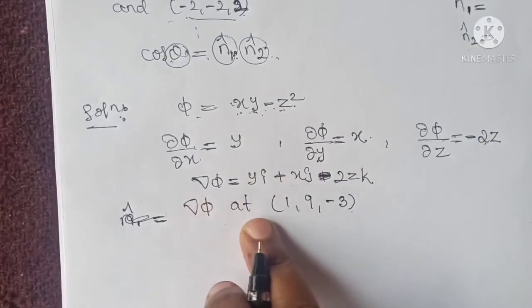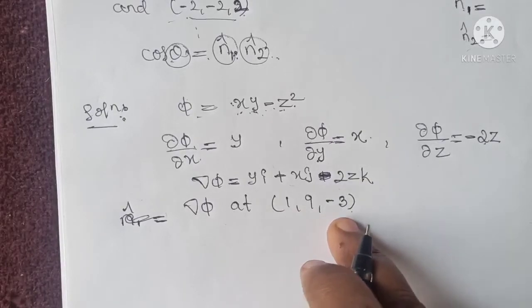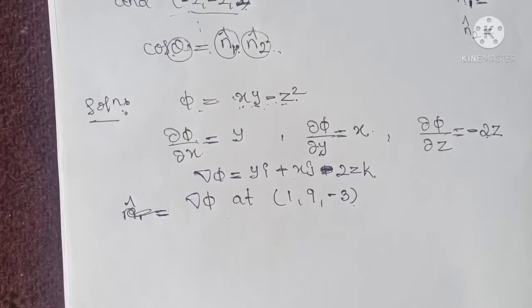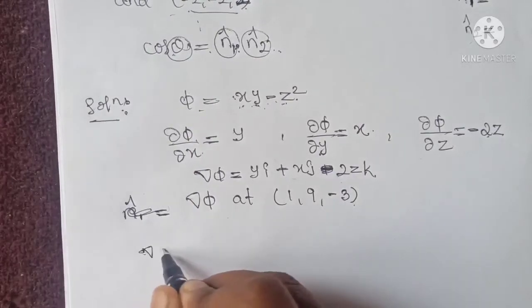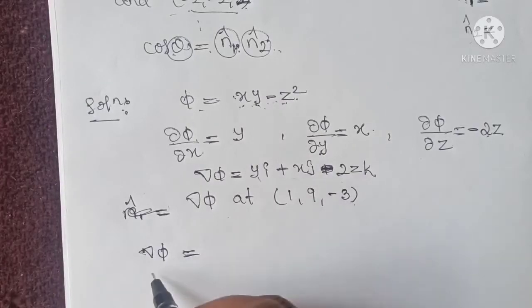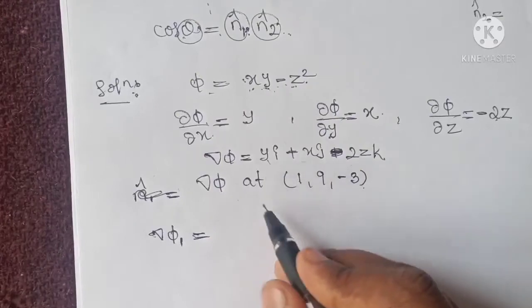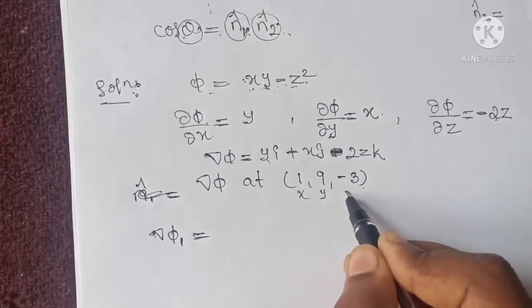So now del phi at 1 comma 9 comma minus 3, we have to find this at this point, or you can treat it as del phi 1. At the point, this is the x value, y value and z value.